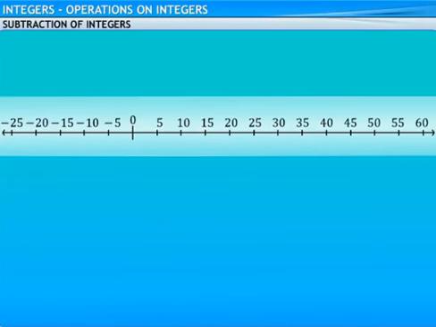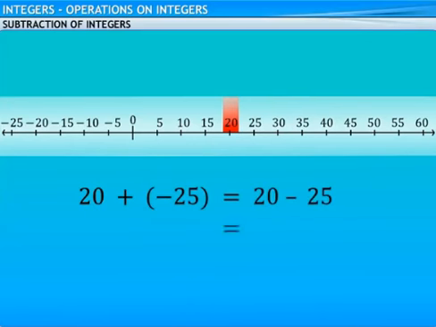Consider a number, say 20 on the number line. Let's add a positive integer, say 10, to this number. The sum of the two integers is 30. So, you can see that the point moves to the right, the positive side of the number line. In the same way, adding a negative integer, say minus 25, to 20, moves the point to the left, or the negative side of the number line.